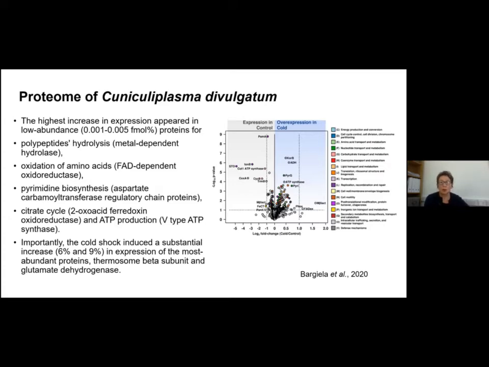We have also observed a substantial increase, up to 6%, in the beta subunit of thermosome and also of glutamate dehydrogenase, which was increased up to 9%. And these enzymes could be used in deamination of glutamate originated from polypeptides.